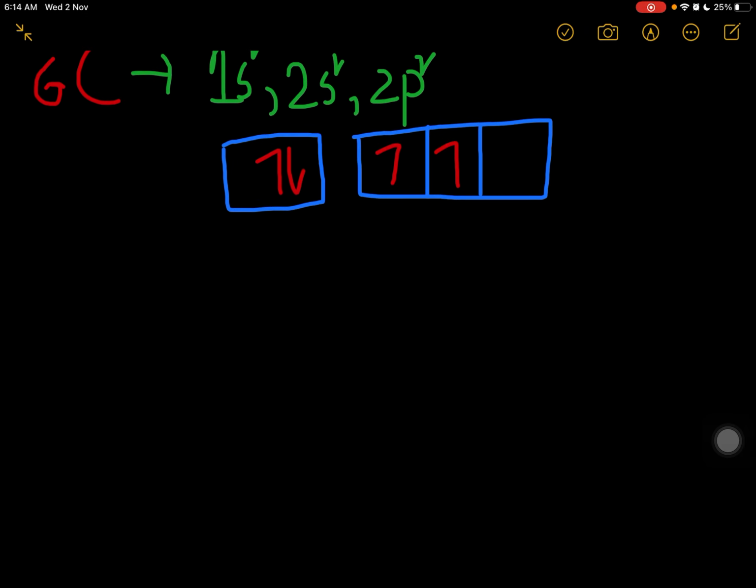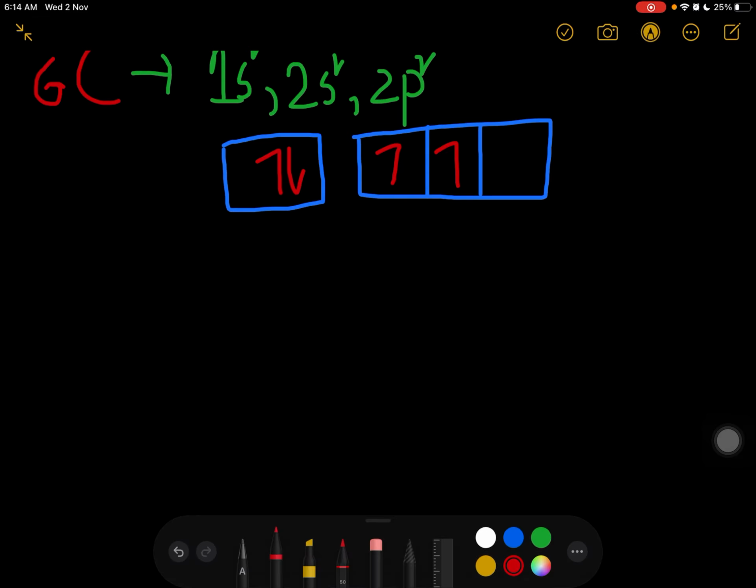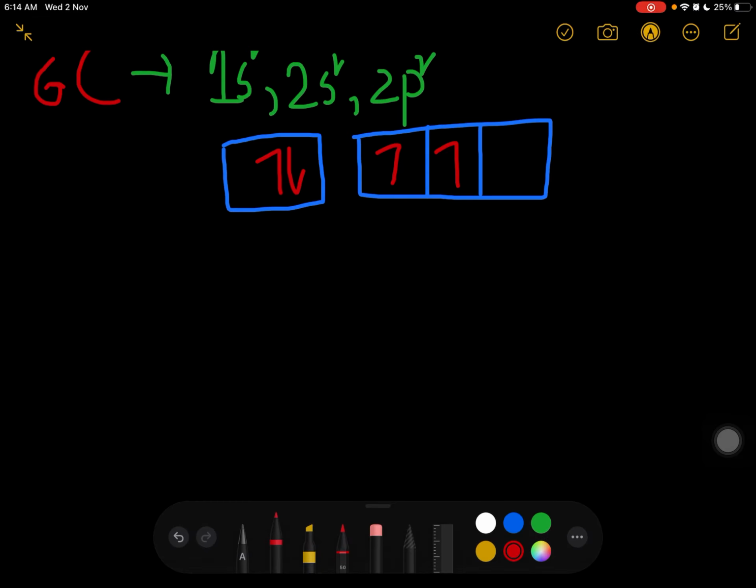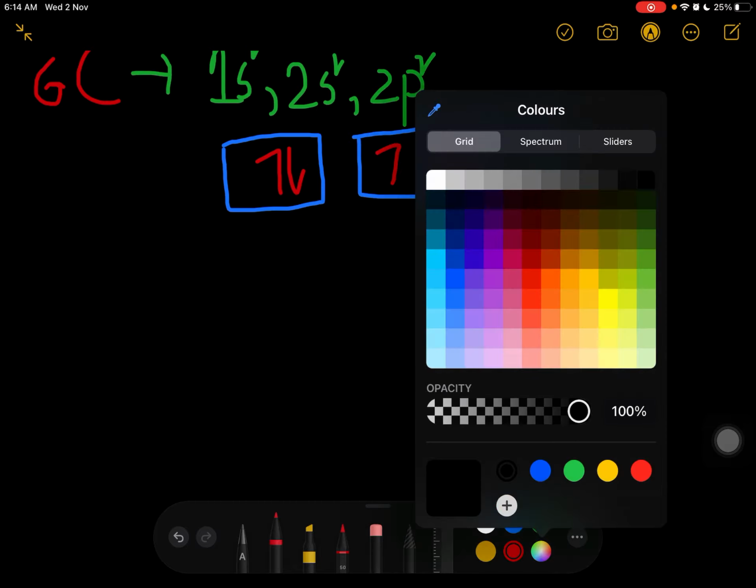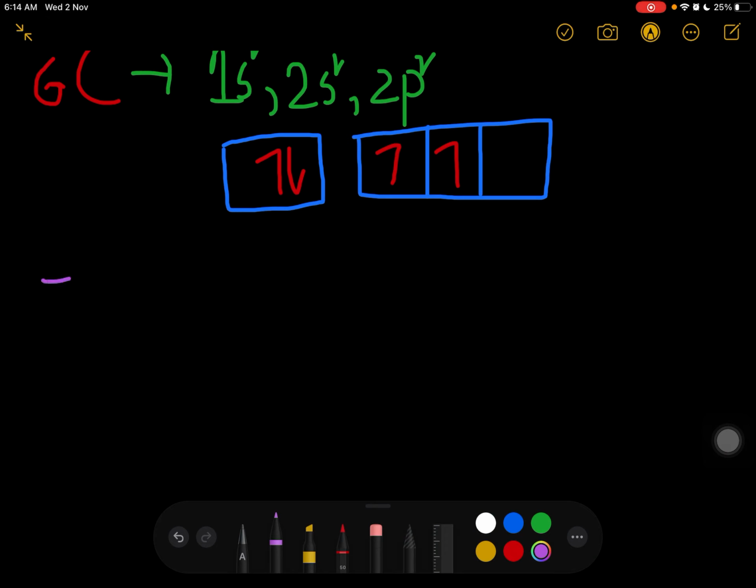Now what will happen? The valency is 2, but it has to form 4 bonds. So it will first go to the first excited state.